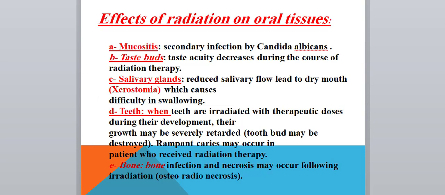A, mucositis can make a secondary infection by Candida albicans. I mean, the exposure to the radiation helps in developing a secondary infection by Candida albicans, making a mucositis.